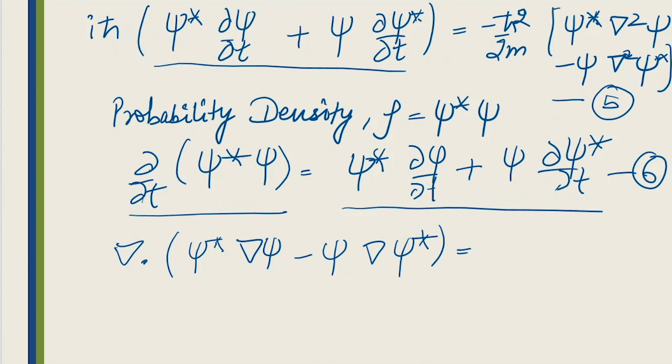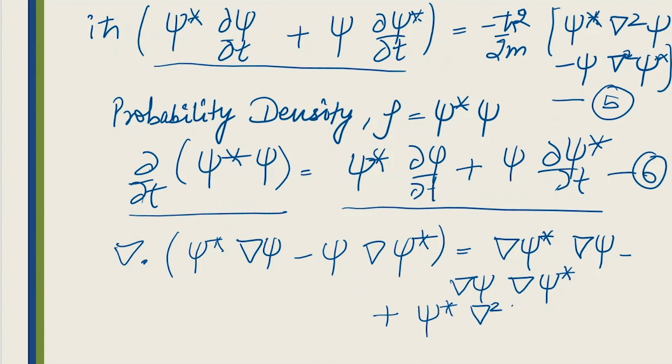If we solve it, our expression comes out to be del psi star dot del psi minus del psi dot del psi star plus psi star del square psi minus psi del square psi star.